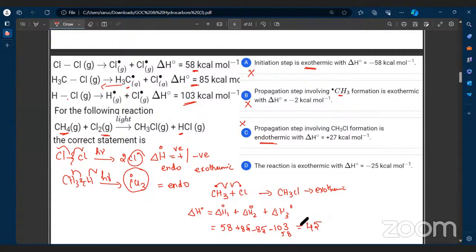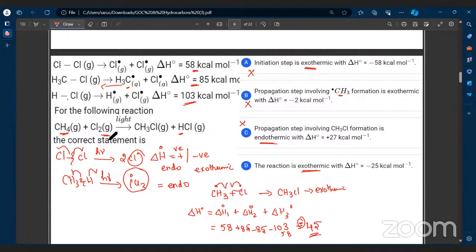The reaction is exothermic, as you have got a negative sign. But the value is somewhat different: they have given minus 25 kilocalories per mole, but we got minus 45 kilocalories.